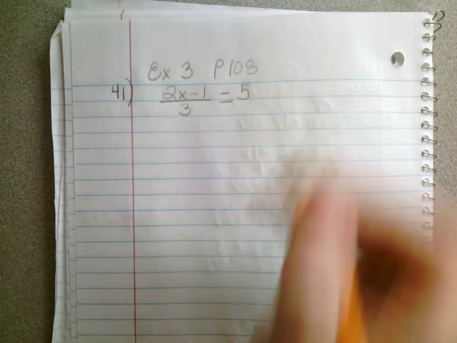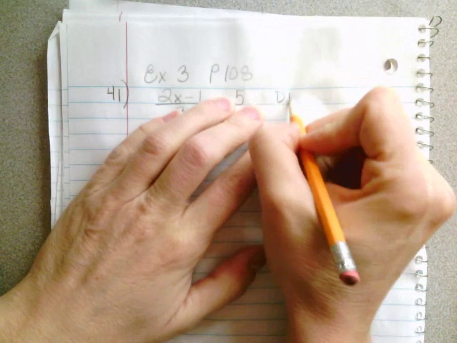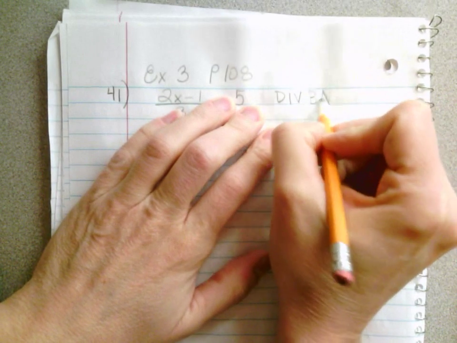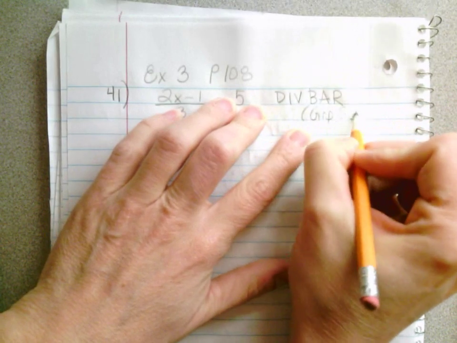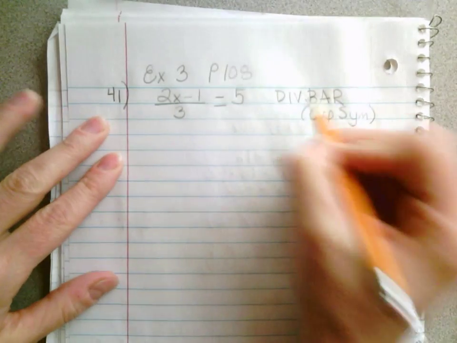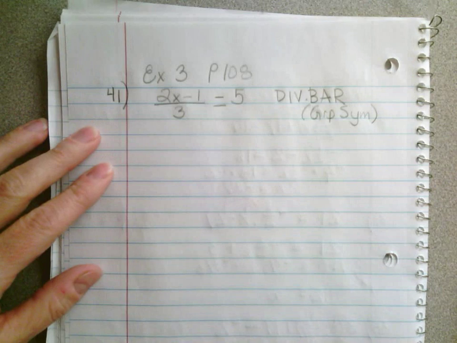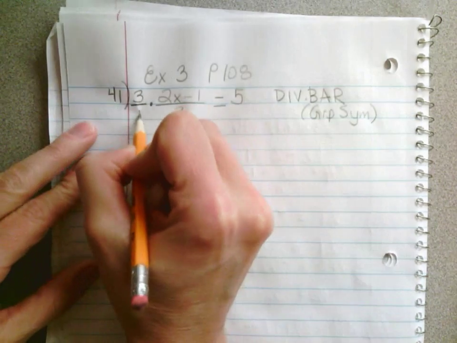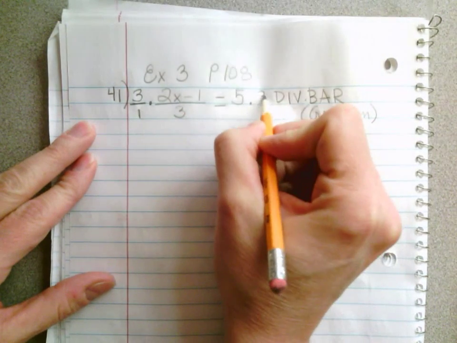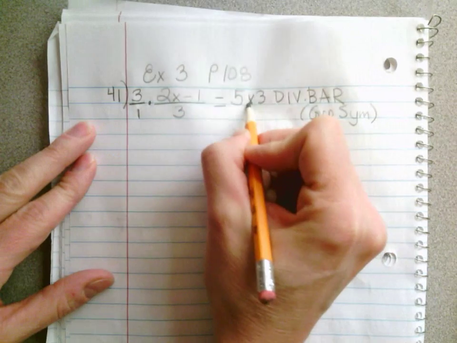So in this case, we have to deal with the division bar because it is a grouping symbol. Okay? Because it's there, you have to deal with it. To do that, we're going to clean it up by multiplying by that number, which is that 3. Gotta make it look like I'm multiplying.